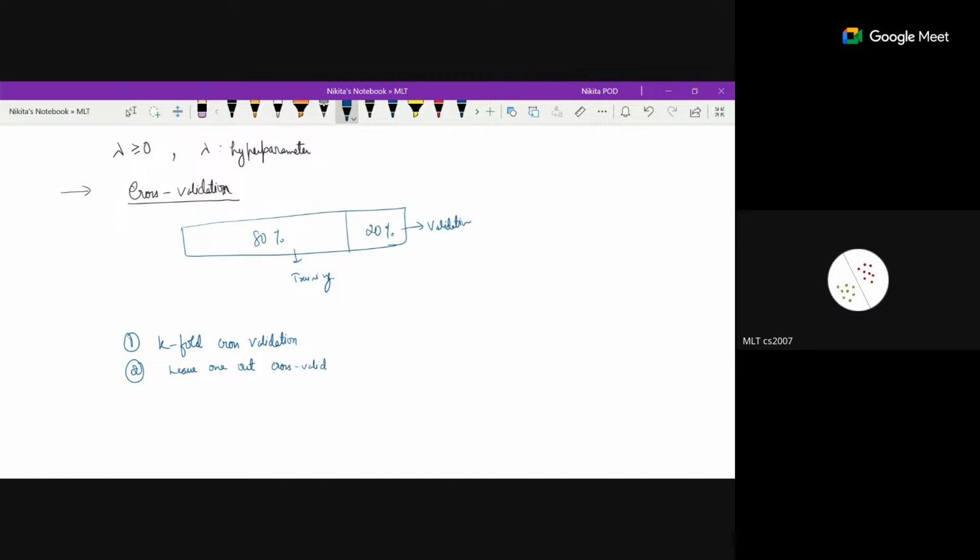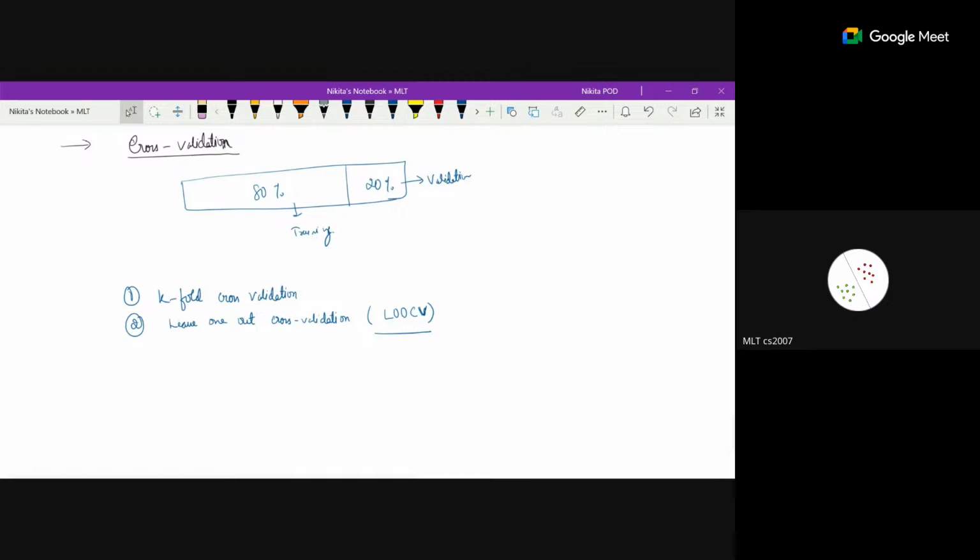Leave one out cross-validation in short is also written as LOOCV. In shortcut, you will see this written as LOOCV at many places. So these are two very popular techniques for cross-validation. Let's first see what we do in leave one out cross-validation.